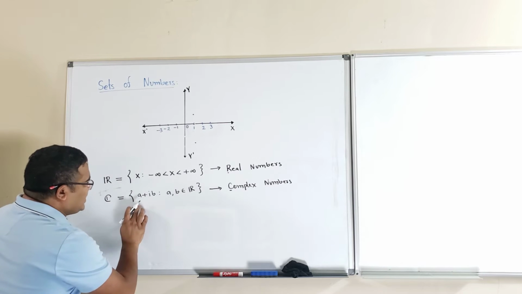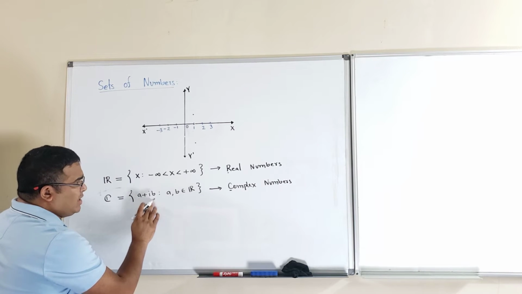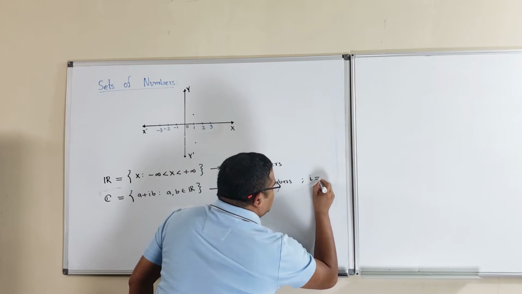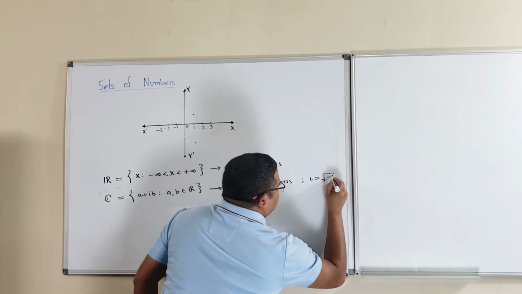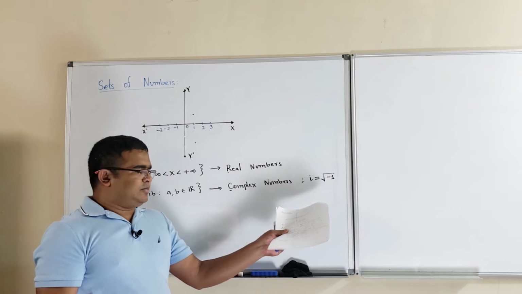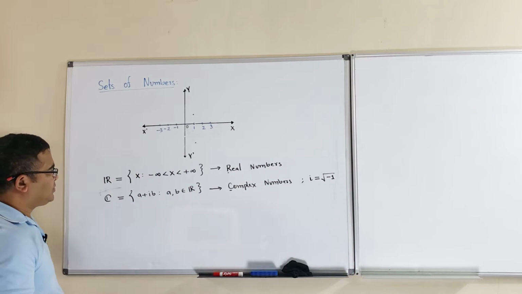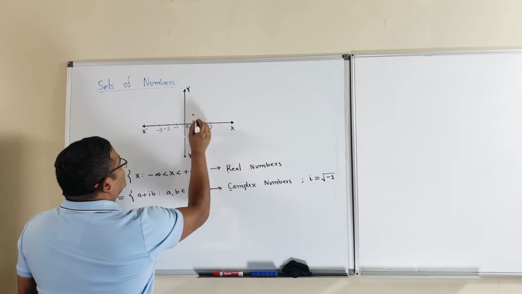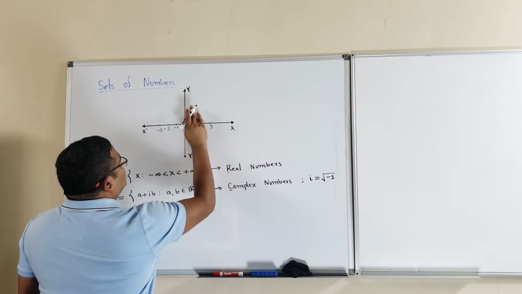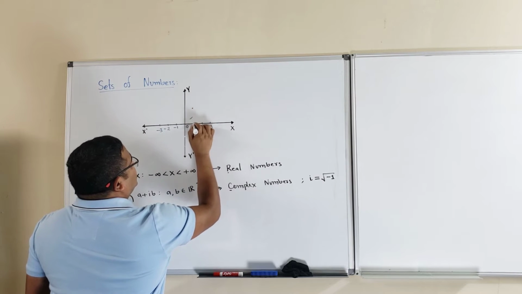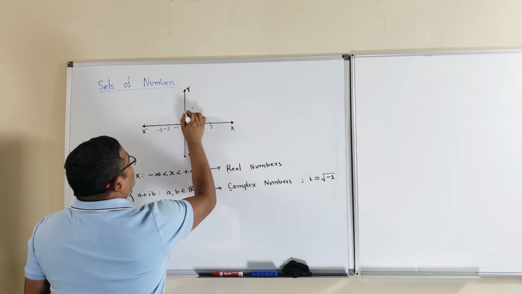Now, what is A plus iB and what is i? i is an imaginary unit and its value is square root of negative 1. The value of i is square root of negative 1. We will learn more. So, if you take any point here, you can represent this point as 1 unit here and 2 units up.